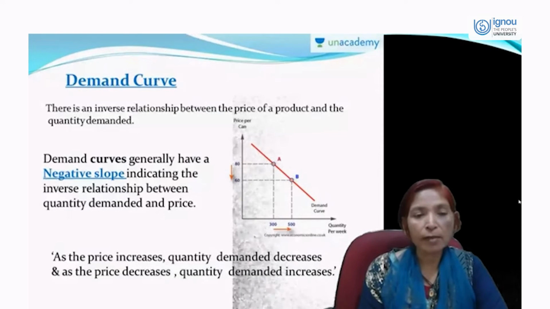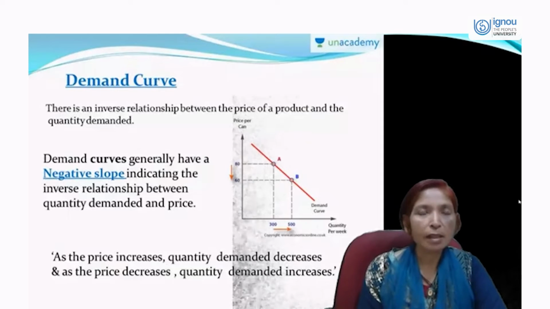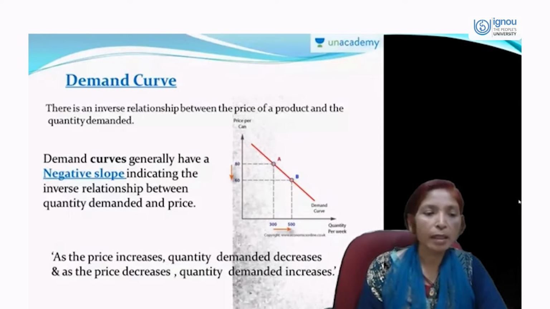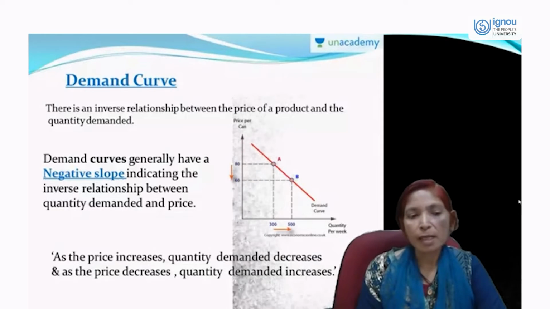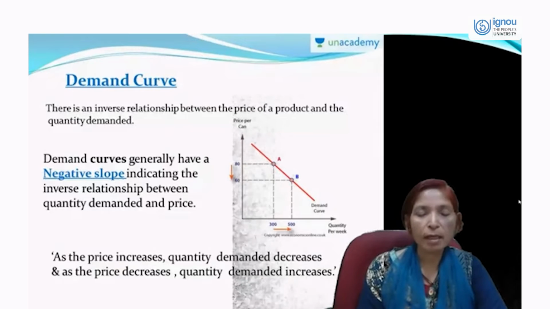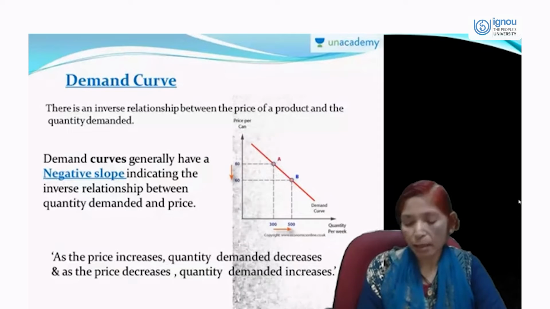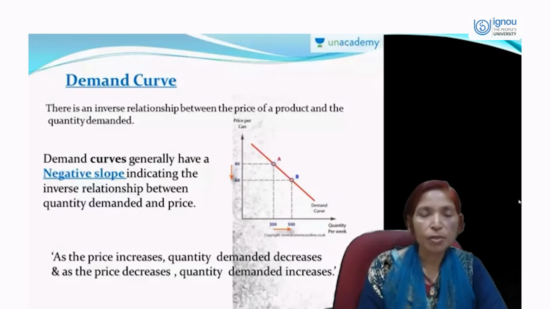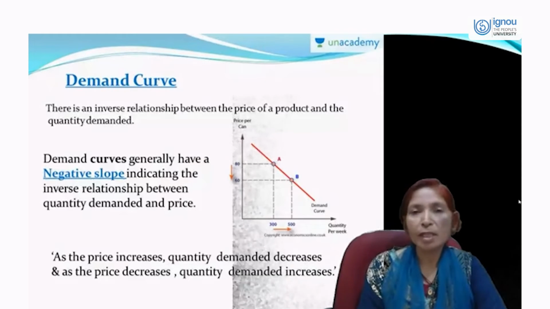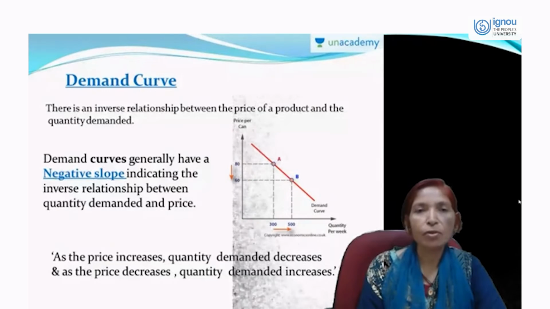It's a negative slope indicating the inverse relationship between quantity demanded and price. As the price increases, quantity demanded decreases, and vice versa. And we can say that if price decreases, then demand will rise. So the demand curve slope is always downward from left to right.